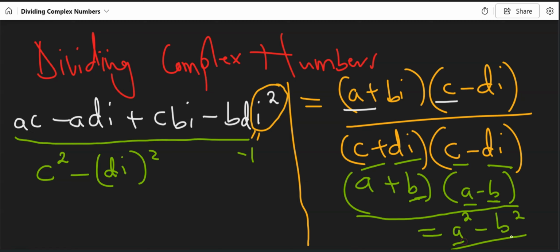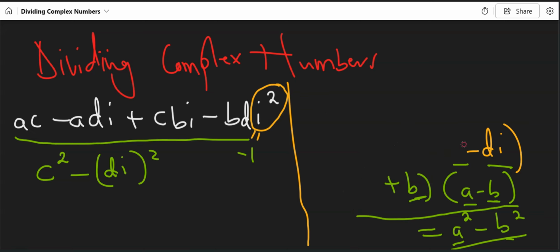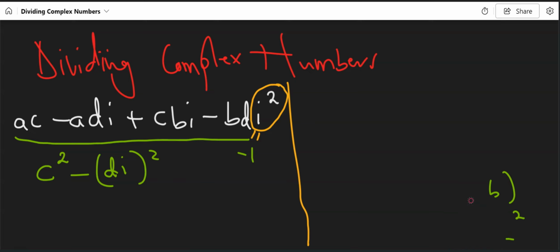I'm trying to make this as simple as it should be, so that we eradicate the mentality that complex numbers are hard.